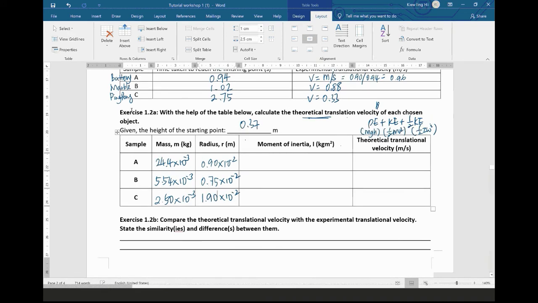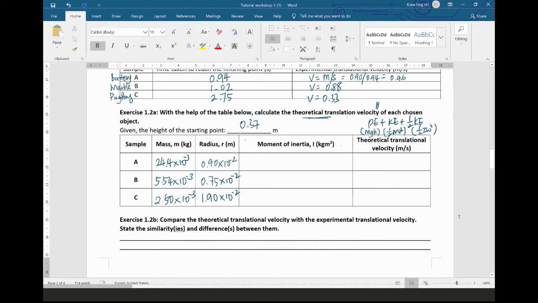Okay, so you calculate the moment of inertia. This is how your battery is rolling, right? That is your center of rotation, so that is your radius. Marble, this is the radius. Same goes with the ping pong. So calculate the moment of inertia.